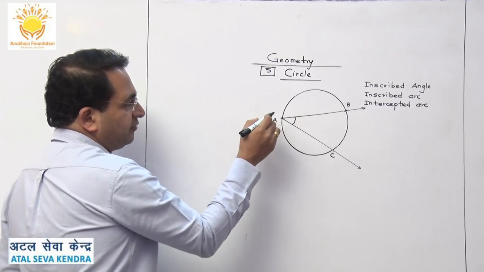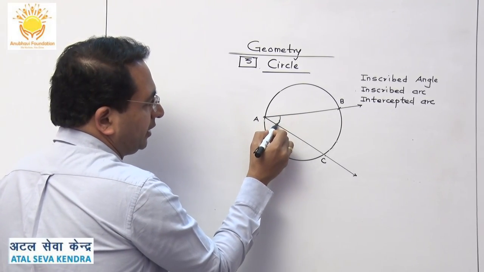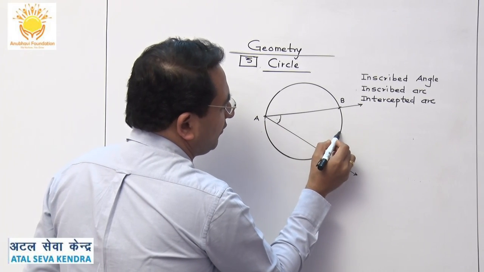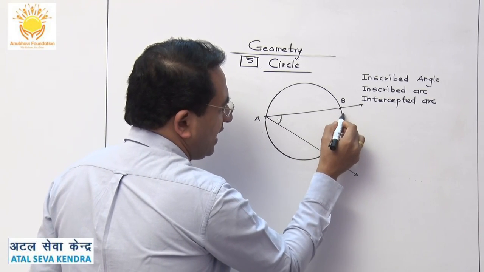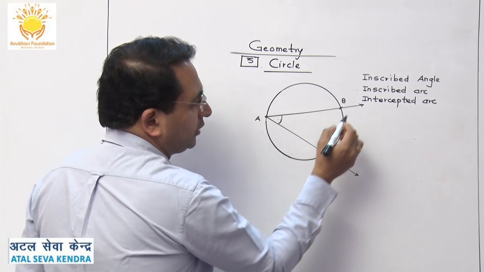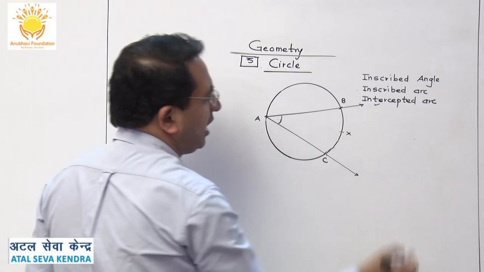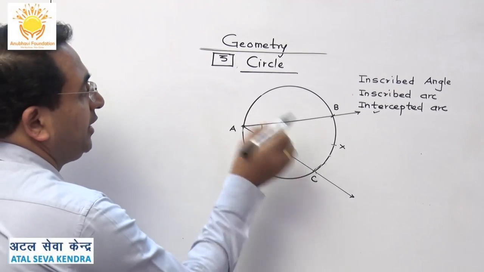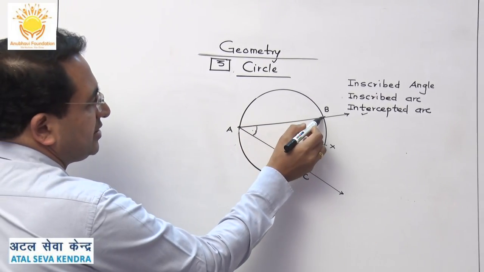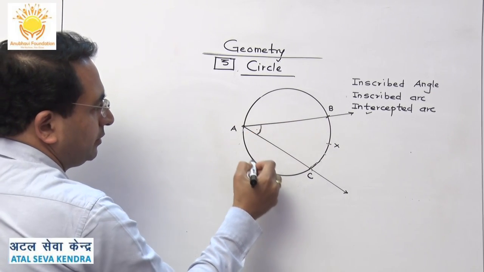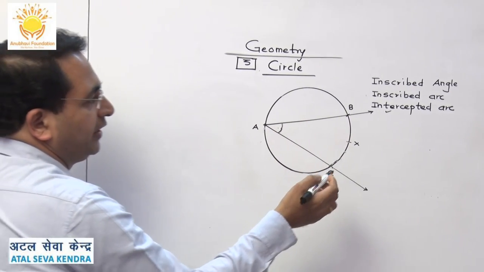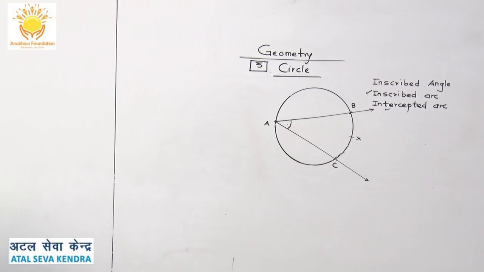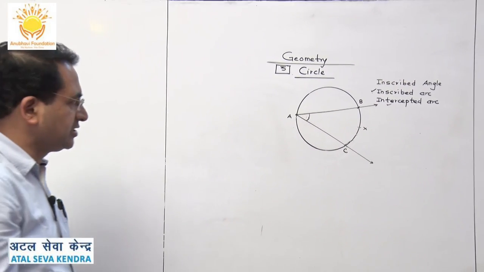Now, with respect to that inscribed angle, if you are observing an arc which is in front of you, that is arc BXC. That is called the intercepted arc. And the arc which is behind you, that is arc BAC. That is what we call the inscribed arc. Again I repeat, many students confuse between these.